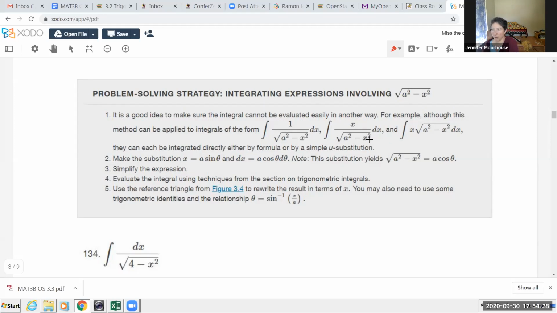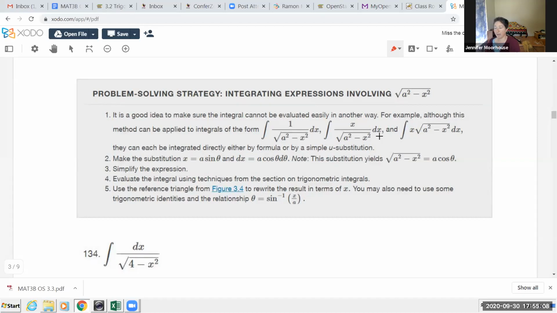If I made u be a squared minus x squared, then my du would be minus 2x dx, and that would be an easy problem to solve with u substitution. And I would not want to go through and do a whole trig substitution for something that could easily be done in another way. So just check that first.